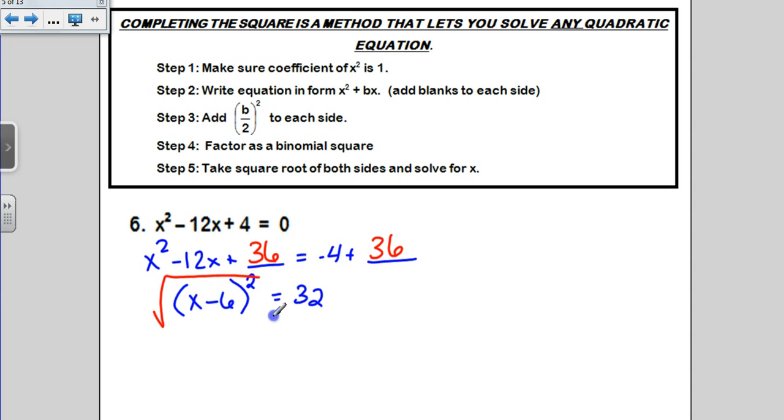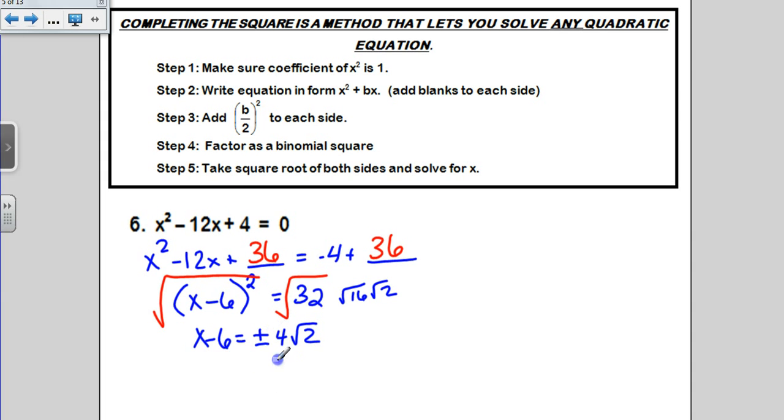And now when we square root both sides, I get x minus 6 equals, now 32 breaks into square root of 16 times square root of 2. So we're going to end up with plus and minus 4 square roots of 2. And our last step would be, whoops, to add the 6.